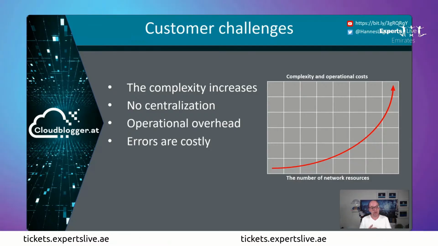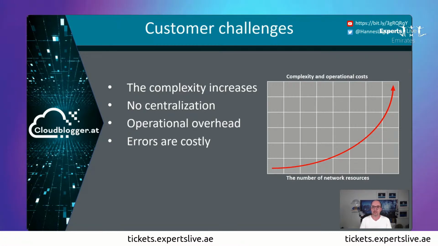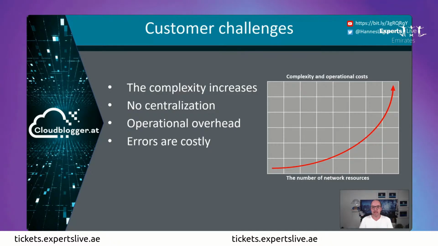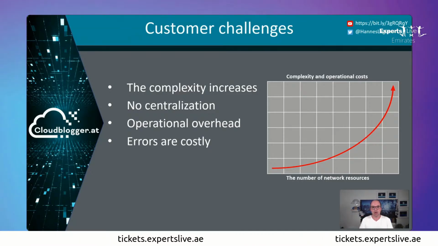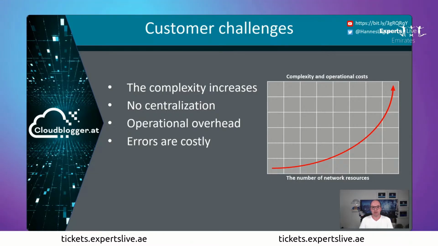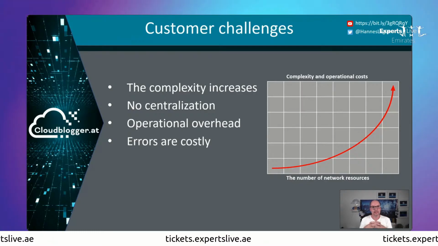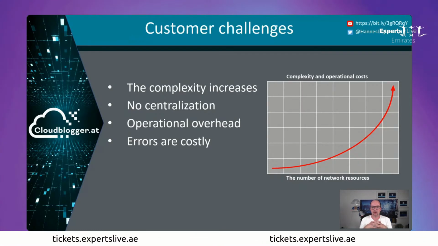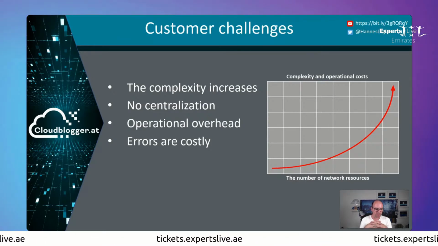So it's really hard to extend traditional hub and spoke architectures over more and more regions. And at the end, if you configure something wrong, errors are really costly. If something goes down, it's really hard to troubleshoot and to know what happened.